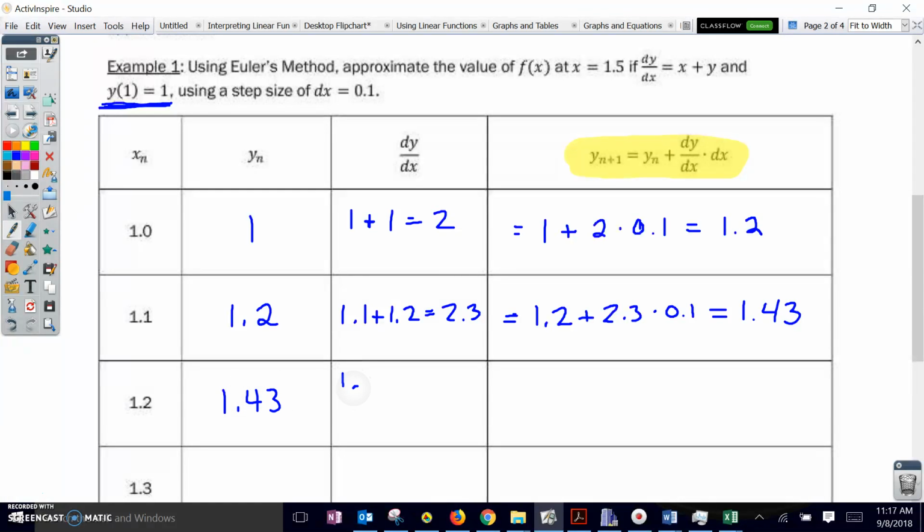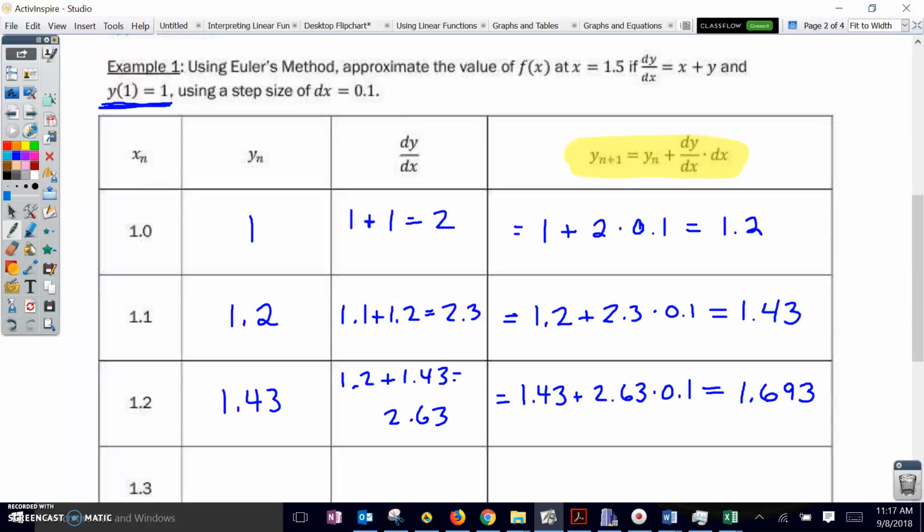And then I go ahead and I calculate dy dx. It's going to be 2.63. And so now I've got current y plus dy dx times dx. That's going to give me my new y. It's going to be 1.693.